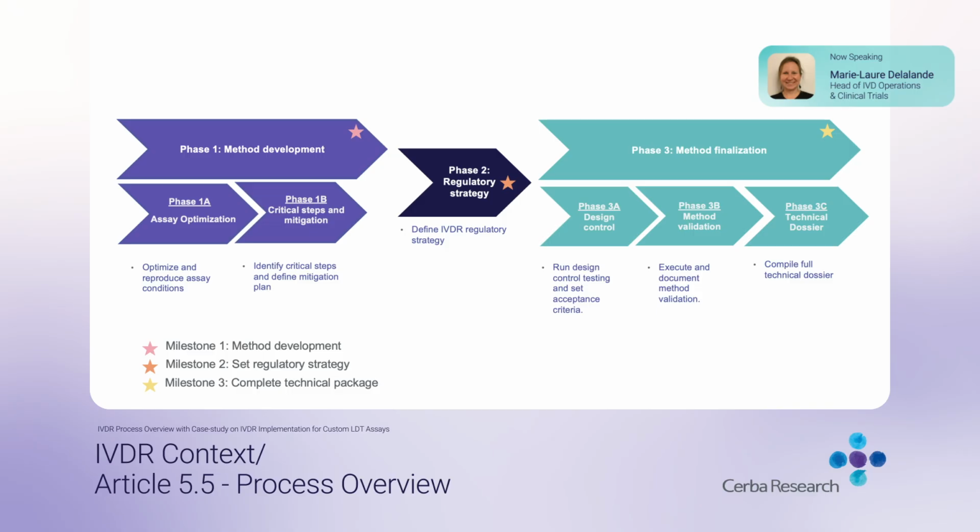This is where we define the regulatory strategy, in our case, the Article 5.5 route under IVDR. Phase 3 is where the real work happens: design control first, method validation, and finally the technical dossier. 3 milestones mark the progress: method development complete, regulatory strategy set, and the full technical package ready. Everything we discuss today sits within this framework.